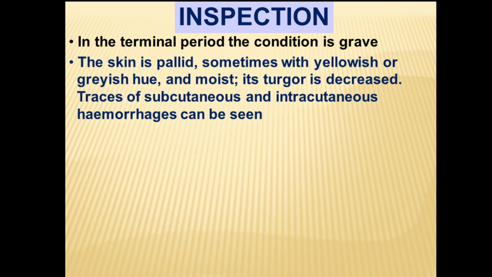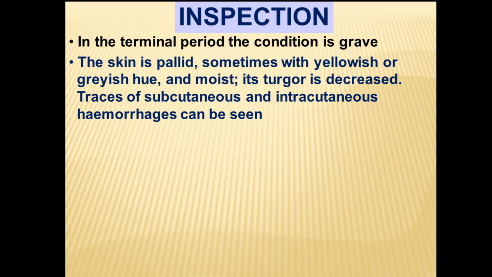On inspection, we pay attention to the progressive gravity of the patient's condition, and it's more manifested in the terminal period when the condition of the patient becomes grave. We pay attention first of all to the common behavior of the patient. Skin will be pale, sometimes with yellowish or grayish hue.